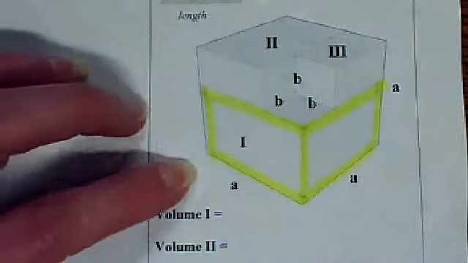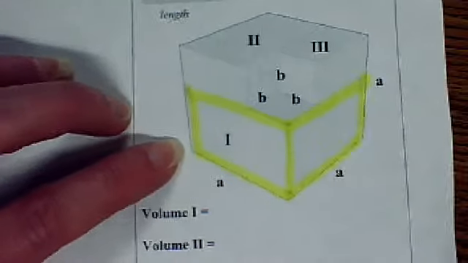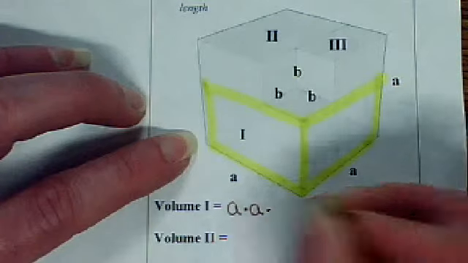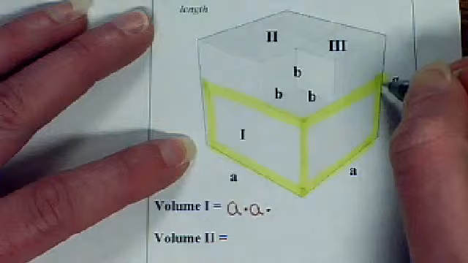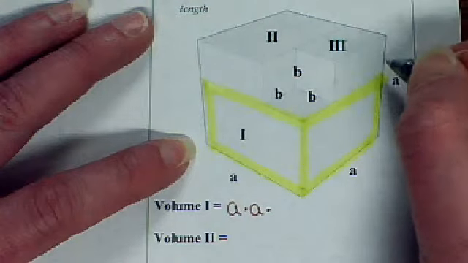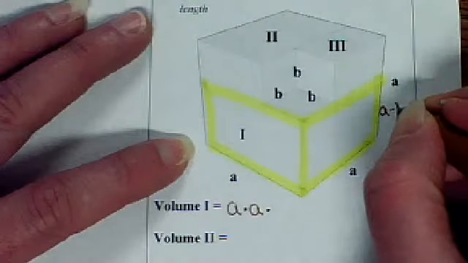Now, you'll notice that the length here is A, and the width here is A, so I have A times A, now times the height. The height doesn't go all the way up A, from here to here is B, so what's left is going to be A minus B.